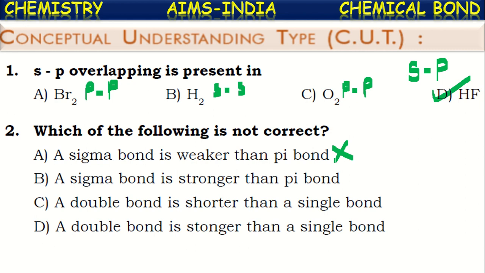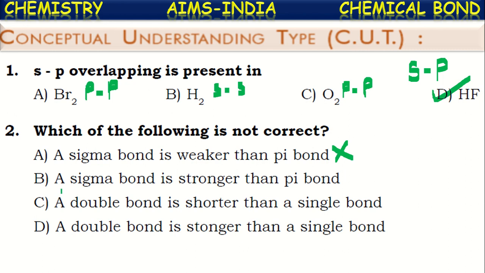So the sigma bond formed will be a stronger bond, whereas a pi bond is formed by the lateral overlapping of atomic orbitals that are perpendicular to the axis of the nuclei, and hence the pi bond is somewhat weaker than the sigma bond. So here it is given the reverse way. So it is a wrong statement.